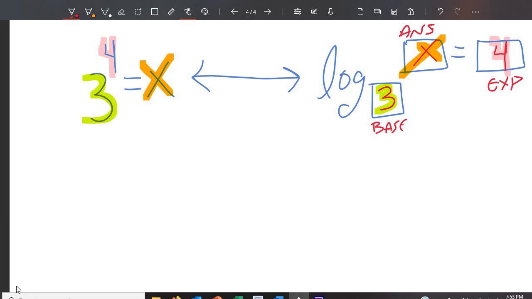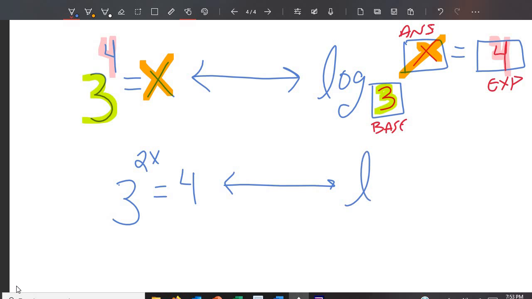Let's say I had 3 to the 2x power equals 4. In logarithm form, the base is 3. The exponent is 2x.